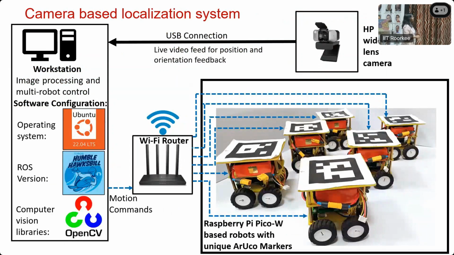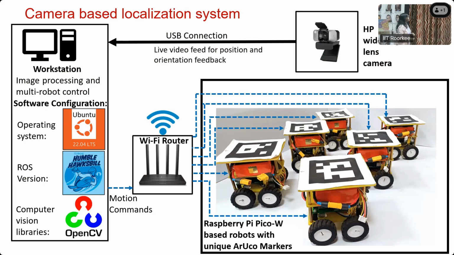For the feedback, for the localization of this system, we have developed a camera-based localization system. We are using one wide-angle lens camera on the ceiling, and we have put markers, called ArUco markers, on each of the robots. Using a Wi-Fi router, the communication happens between our workstation and the robots. In the workstation, we are running image processing code and the multi-robot controller.